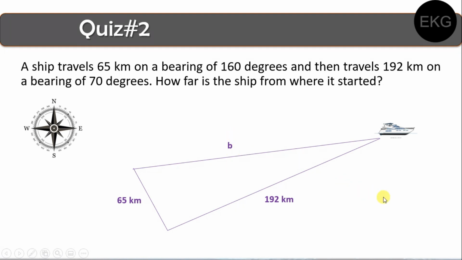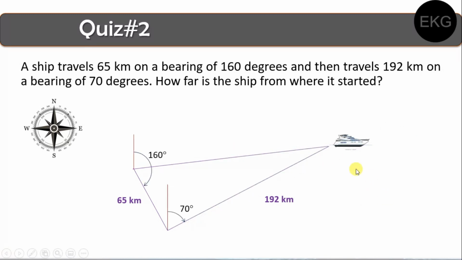Now to solve this problem, let's clear the drawing. For the analysis, let's remove what we don't need. Extending this line, the problem says the first bearing is 160 degrees. Now if we extend this line, we know that a straight line has 180 degrees. So if from here to here is 180 degrees, then this angle will be 180 minus 160, which is 20 degrees.